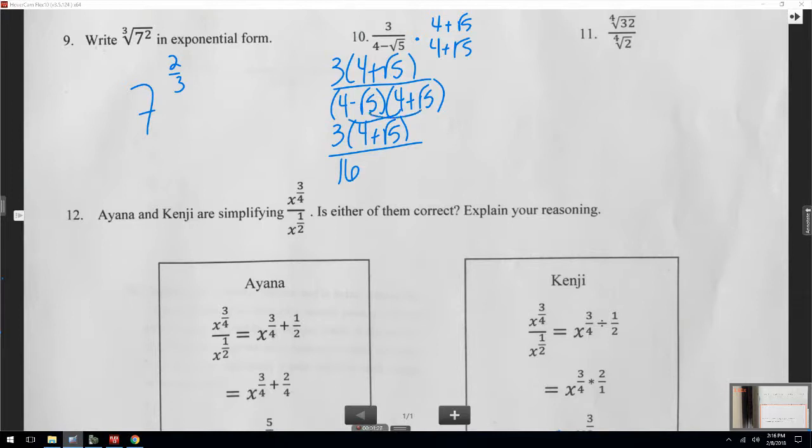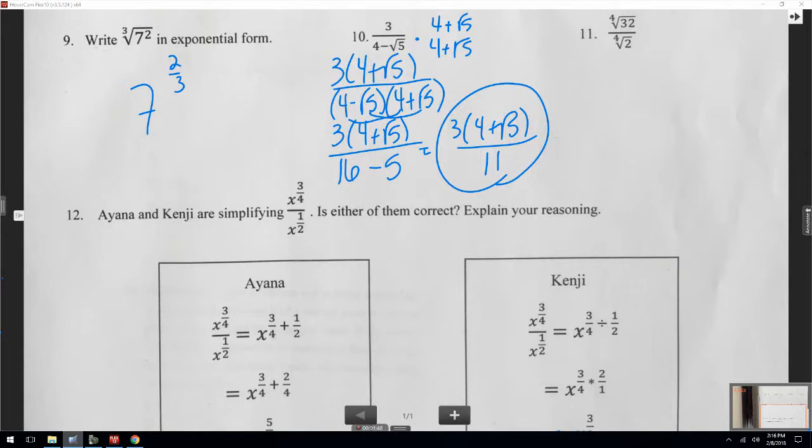And our last is how much? Just minus 5. Very good. And 16 minus 5 is how much, guys? 11. Very good. And 3 and 11 do not reduce, so we just leave it alone. You could distribute the 3 if you wanted to, though.